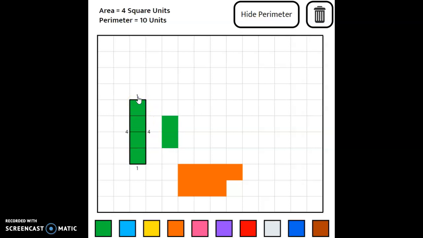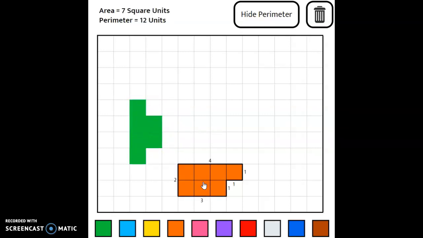And I know that this one could be 1 times 4, and 1 times 4 makes this section. But I could also do this one, which is 1 times 2, which is 2. And if I put my 4 and my 2 together, I still get 6. Okay? So I can separate them into separate rectangles.